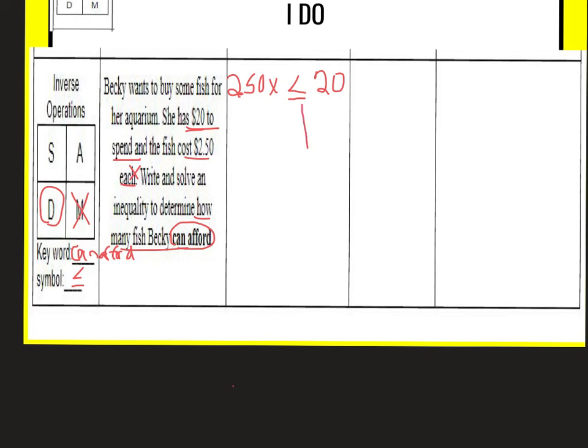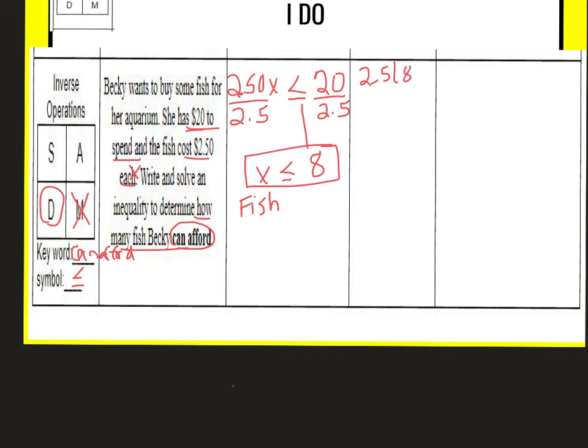So I'm not going to multiply by 250. I'm going to divide by 2.5, which is the same thing on both sides. So when you take 20 and divide it by 2.5, you get that the number of fish that Becky can afford has to be less than or equal to 8. So let's test that.